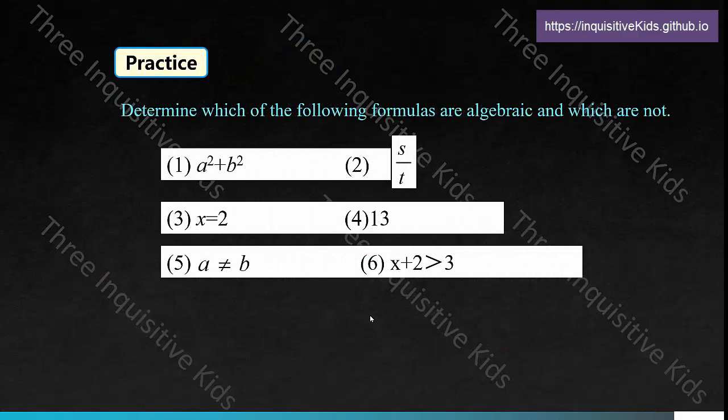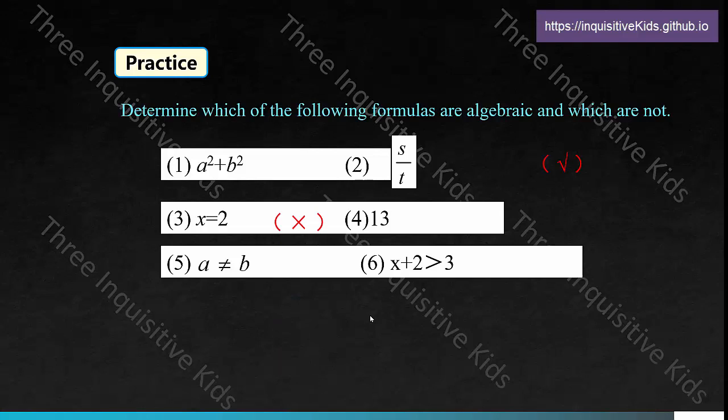Okay, so let's move on to the real practices. Determine which of the following formulas are algebraic and which are not. Okay, this is not much different from what we encountered for the last problem. So the first one is correct because that is two variables being connected with an operation. The second one is also correct because it is two variables connected with division.